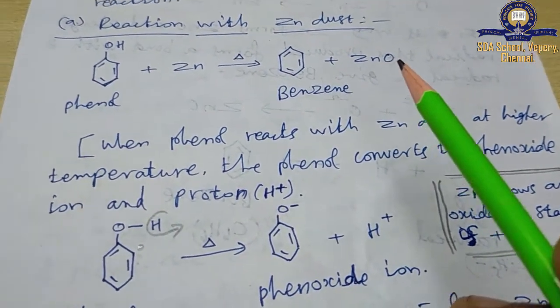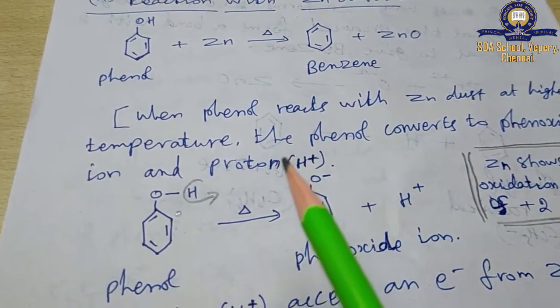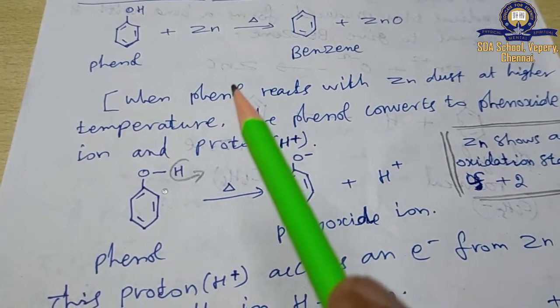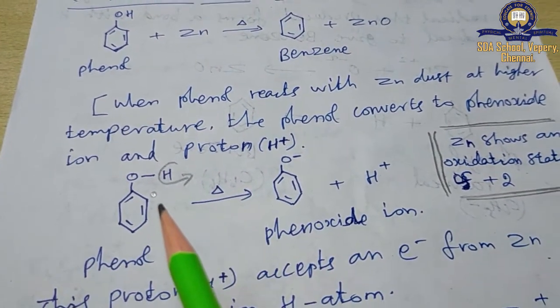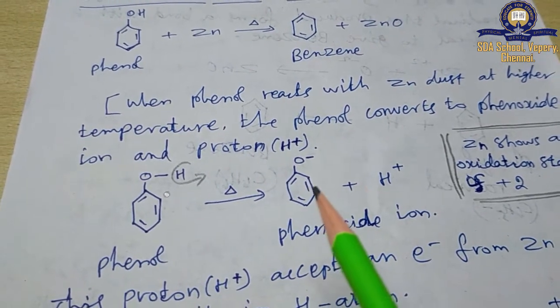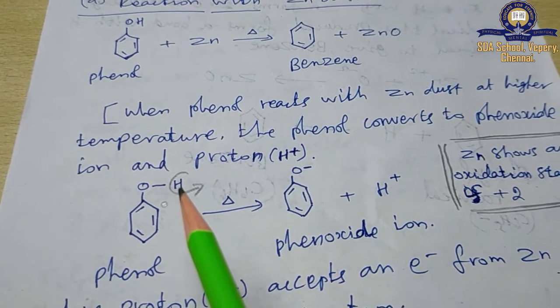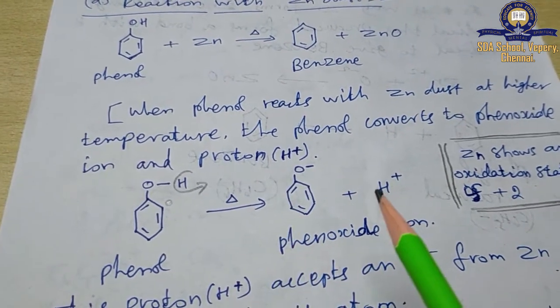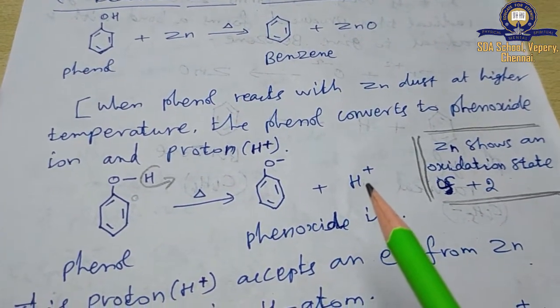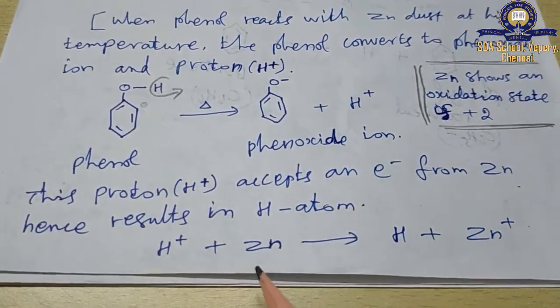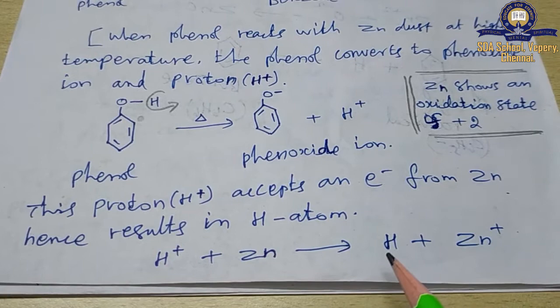What mechanism is taking part over here? Usually the heating of phenol in presence of zinc metal produces phenoxide ion and H plus ion. So it gets cleaved, releasing H plus and phenoxide ion. That formed H plus ion accepts an electron from zinc to form a hydrogen atom.